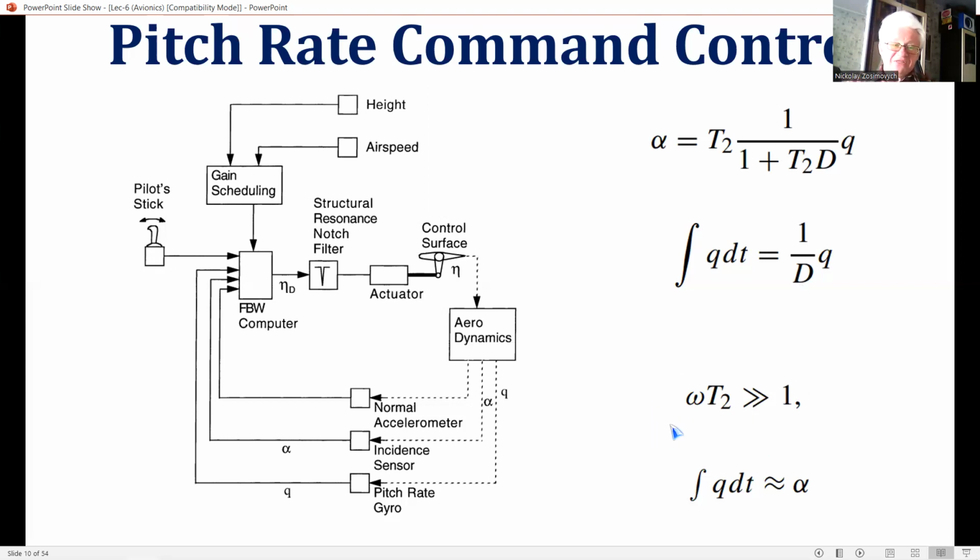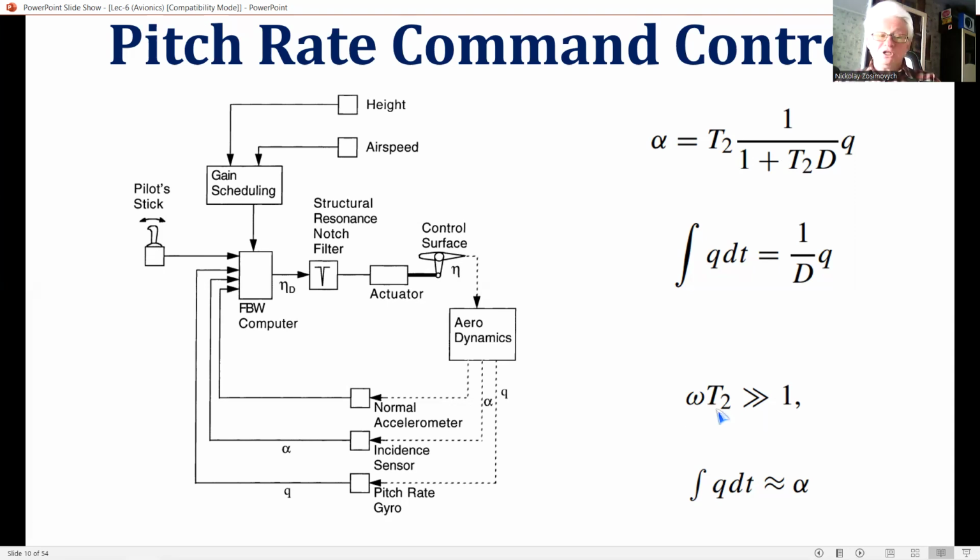In this case, the gain approaches 1 over omega, and the phase minus 90 degrees. And hence, we have the integral of Q dt approximately equal to alpha for values of omega such that omega T2 is much higher than 1.